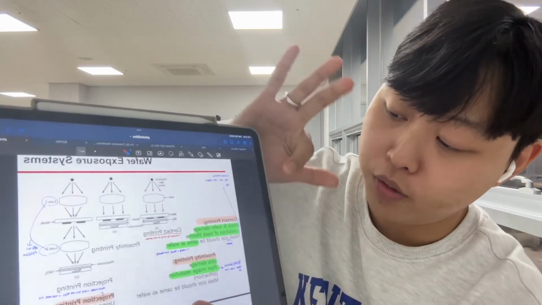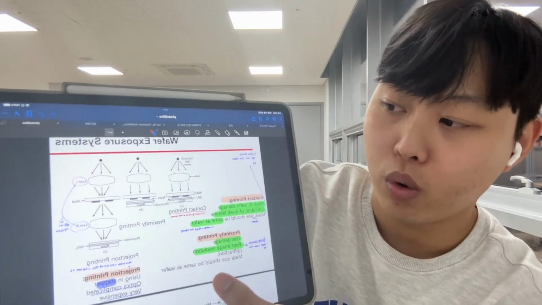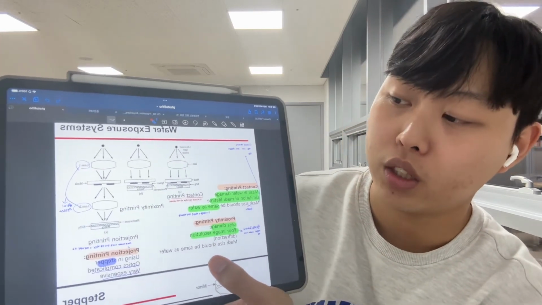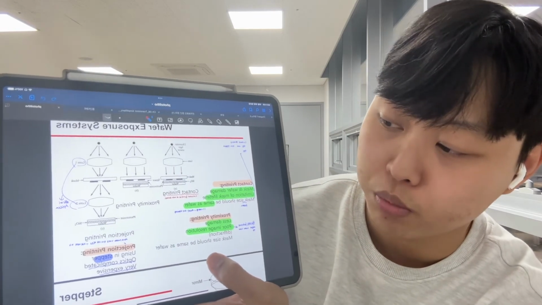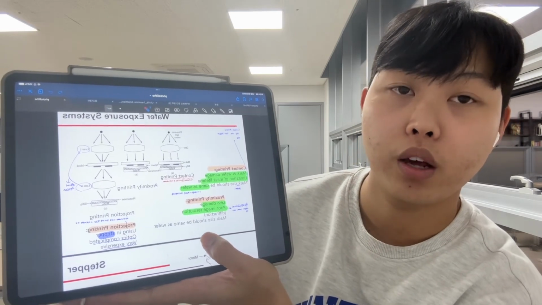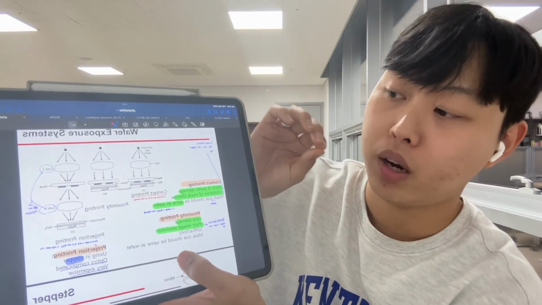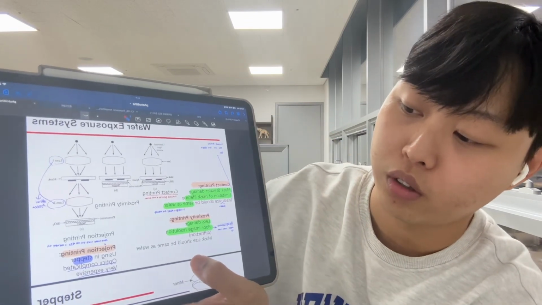By the way, for contact printing and proximity printing, we use a 1:1 size of the reticle and the die. However, with projection printing, we use a bigger reticle and we shrink it with the optical system onto the wafer.